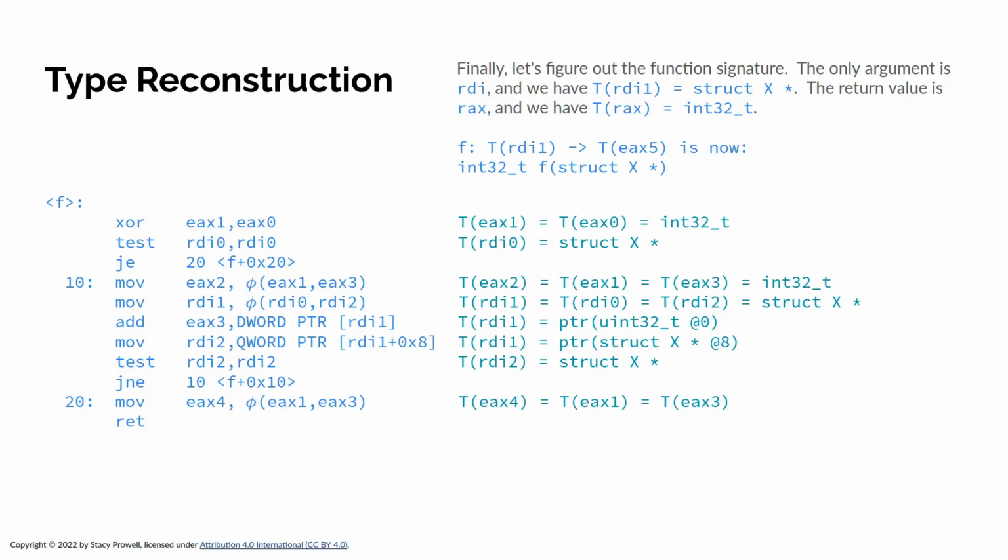And if you want to see how well it does on programs, write some code, compile it, and then run it through Ghidra. And you'll get to see, because Ghidra does this. Ghidra tries to figure out using this approach how types are used. If you dig around in the settings, you'll see it's one of the things that it does when it performs the initial analysis of your program to try to decompile it.